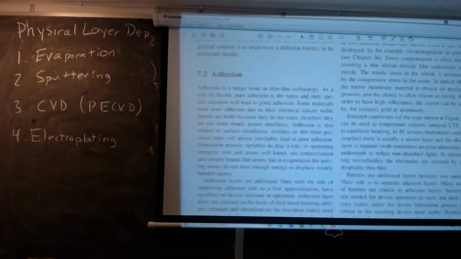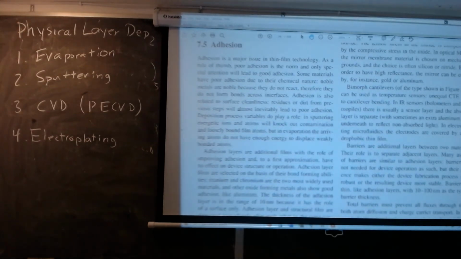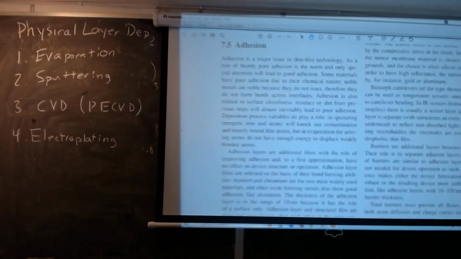All right, he talks about adhesion. Up till now, the discussion has been of depositing some layer of a single material, like gold or silicon dioxide. But the reality is that, for example, gold will not adhere very well to silicon.